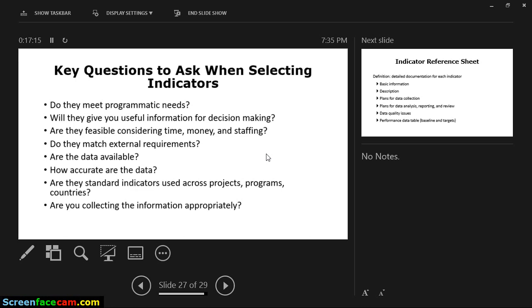But there are times, like this point which is talking about, do they match external requirements? It could be the donors that are telling you that you should be reporting on this indicator because they're giving you money, then you've got no objection. Maybe it could be the government is interested in something, then they are asking you, can you please include this indicator? In such a circumstance, you can include that particular indicator.